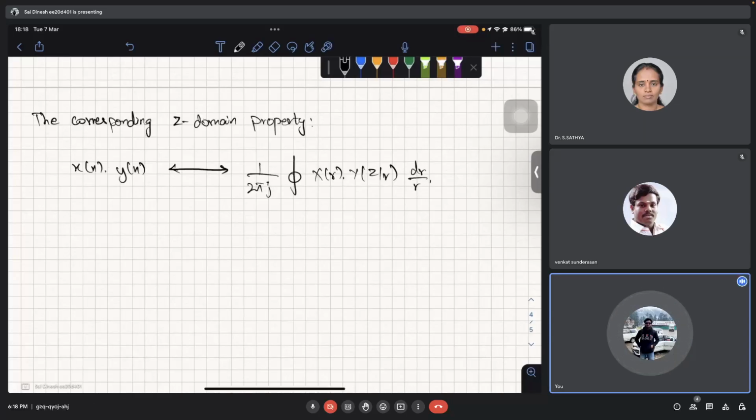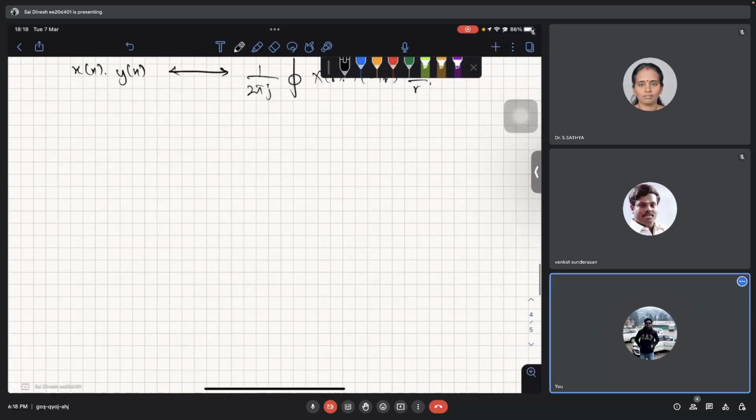So this is a contour integral. We will talk about this later in the class.